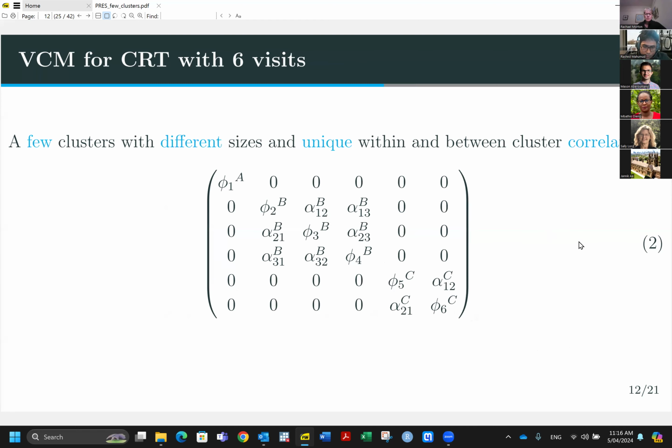And so this example captures three features which are common in CRTs, particularly in pragmatic designs: there tend to be few clusters, though not as few as 3 clusters. That's nuts. You can't really do inference with 3 clusters, but there are usually few clusters of different sizes, and they have unique correlation within and between clusters.